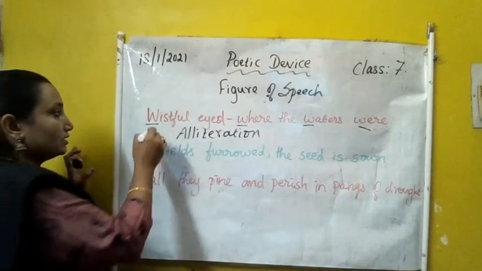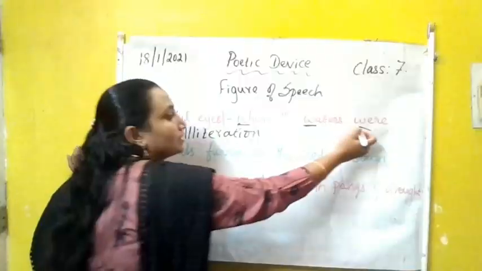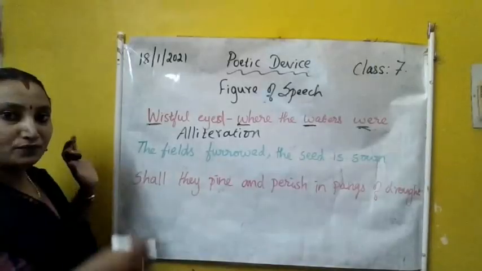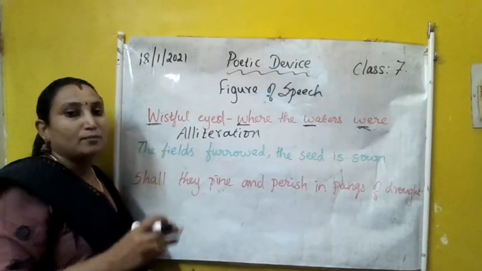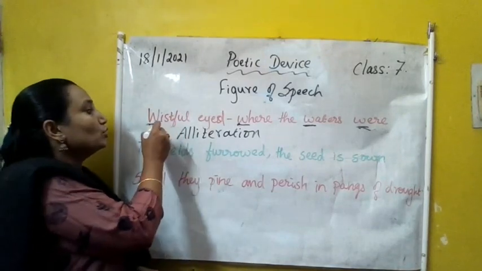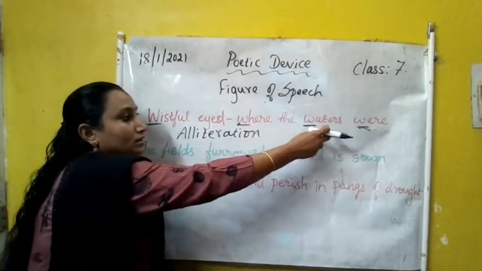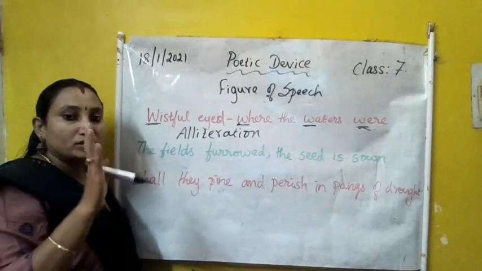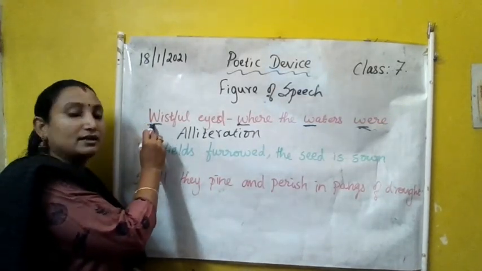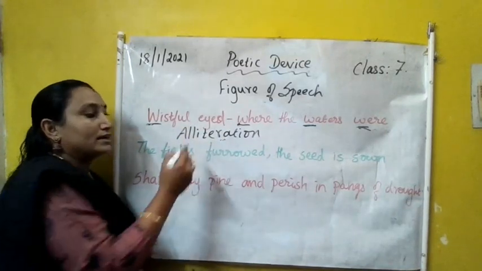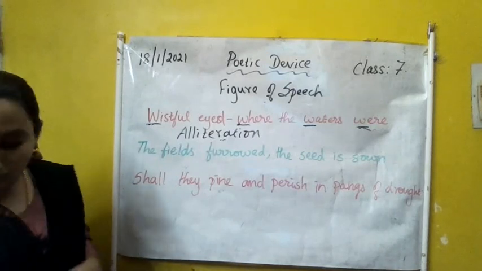If in the exam this particular line is given and you are asked to find out the poetic device, you have to write the words wistful, where, waters, were. After writing all these 4 words, you have to underline as I have done here and mark it as alliteration.